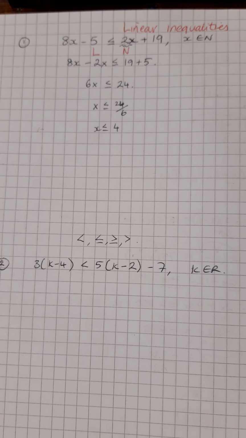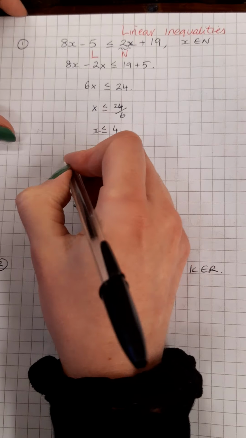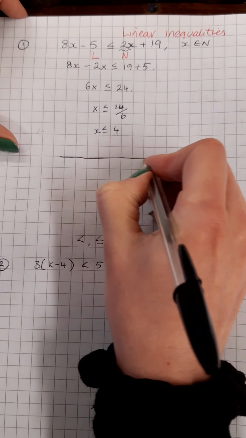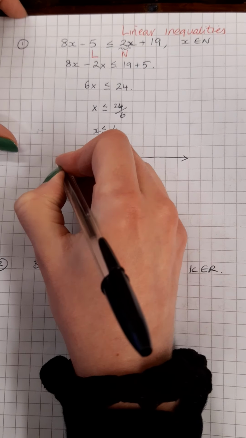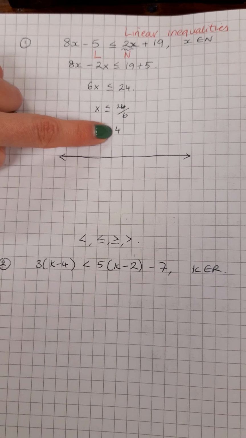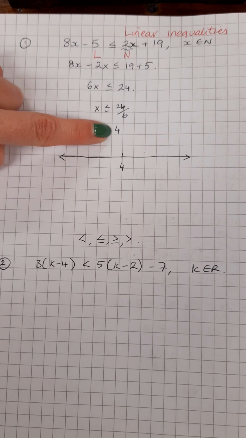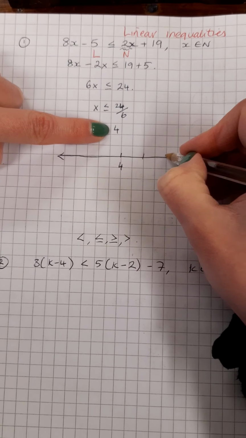Now that we have this, we can draw our number line. You're often asked to complete a number line once you have solved the equation. I suppose the easiest thing to remember with this is whatever number you get, pop that in the middle, and do a few numbers to the right and a few numbers to the left.